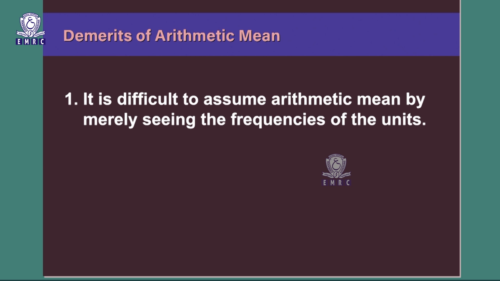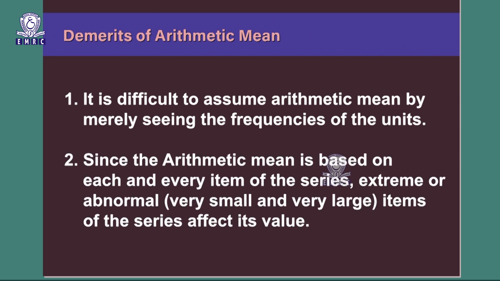Now, let us discuss the demerits of arithmetic mean. It is difficult to assume arithmetic mean by merely seeing the frequencies of the units. The second one is, since the arithmetic mean is based on each and every item of the series, extreme or abnormal items, which may be very small or very large, may affect its value.